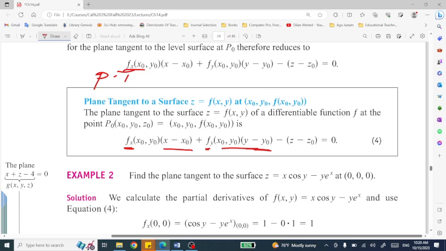So we have fz. And it's different here. What's the difference?